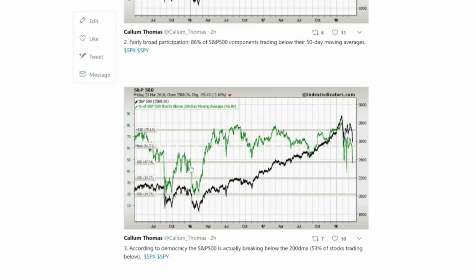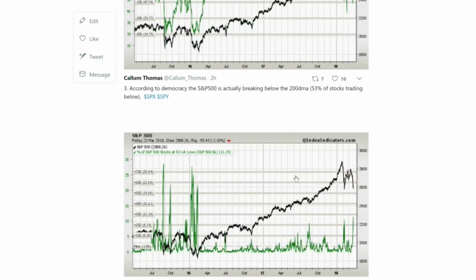We haven't really seen anything like that just yet. So that's one reason, which I'll come back to at the end, to not be fully bearish at this stage.